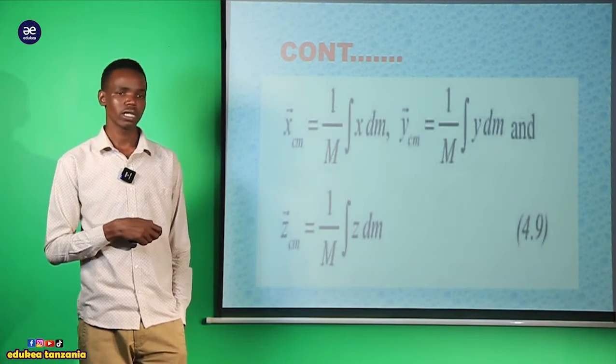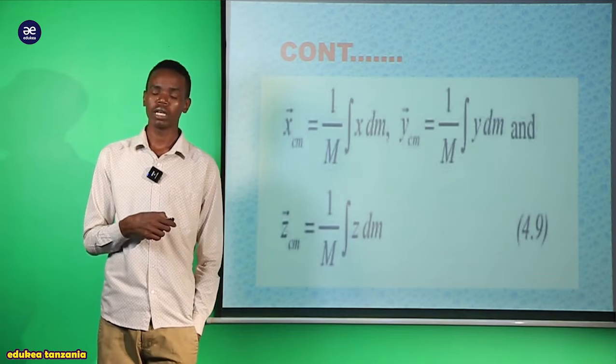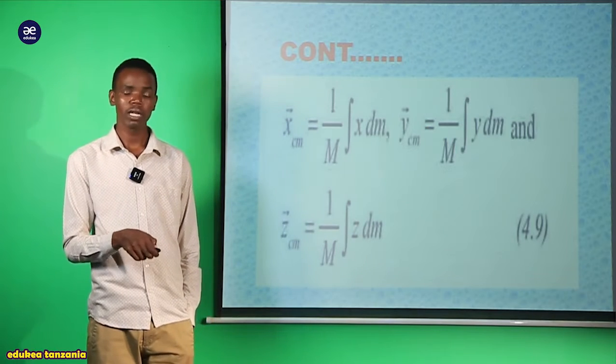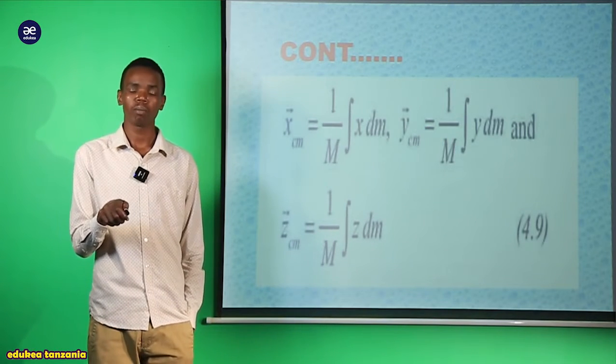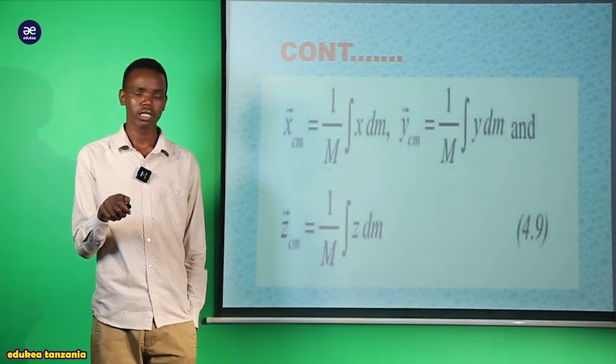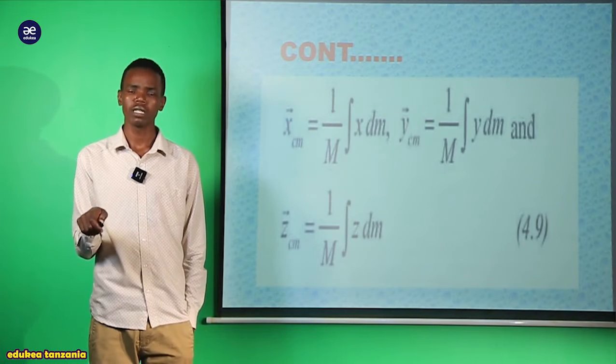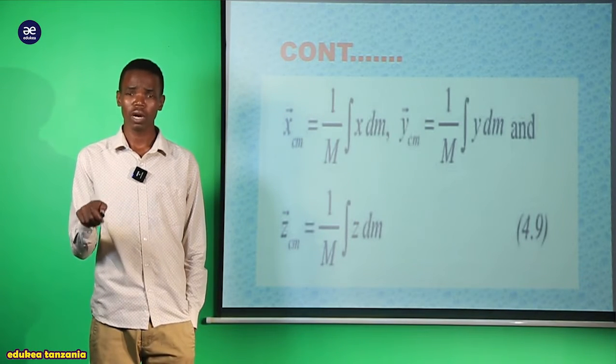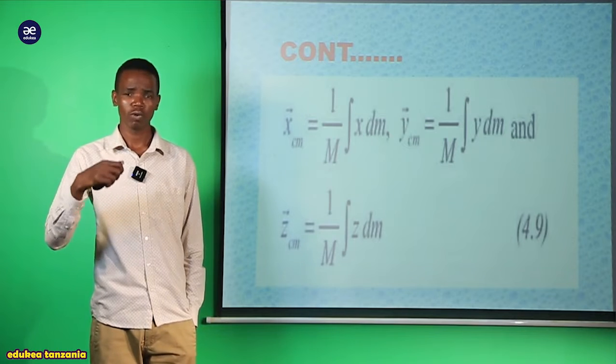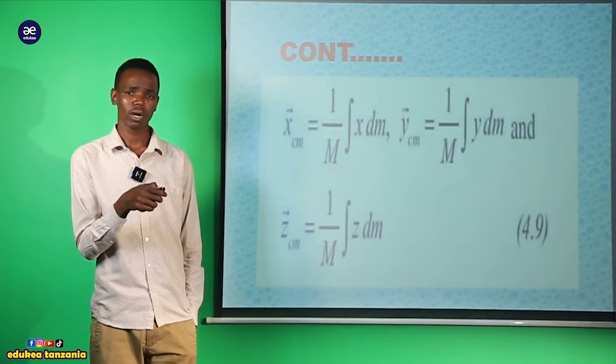We combine by saying that R of cm must be equal to 1 over m, which is common, then integration of the bracket x plus y plus z, then dm.